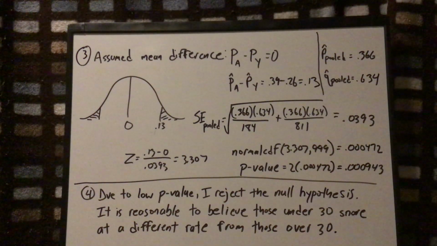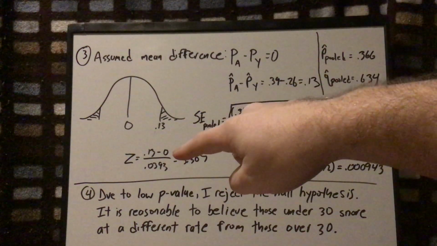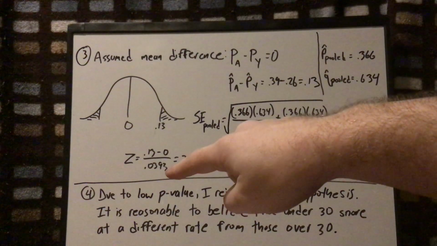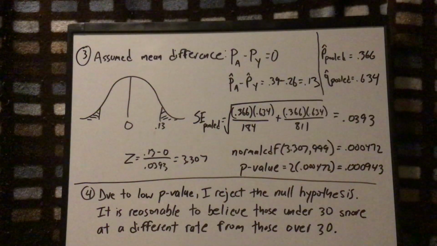Once I have the mean, the number I'm going to test, and the standard error, well, I just come up with a z-score, and then I come up with a p-value. So the z-score formula is the value I found minus the mean over the standard error. I get 3.307. Now, if you've been paying attention in class, you know that that's kind of a rare result. To get something that far out is unlikely.